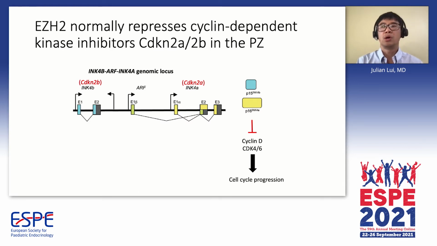And so we hypothesize that EZH2 probably plays a role in controlling the cell cycle in the growth plate. In particular, we want to study the genomic locus that contains two cyclin-dependent kinase inhibitors, CDKN2A and B, that bind to and inhibit CDK4 and 6 to block cell cycle progression.